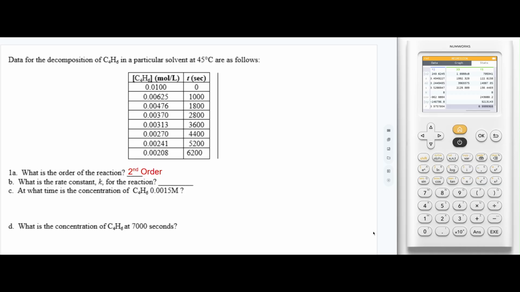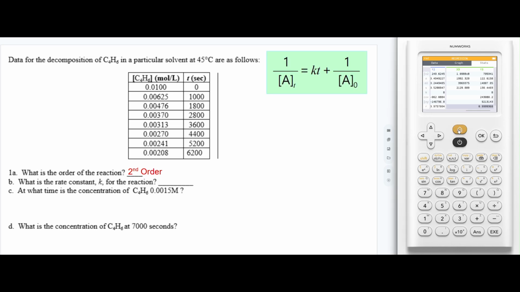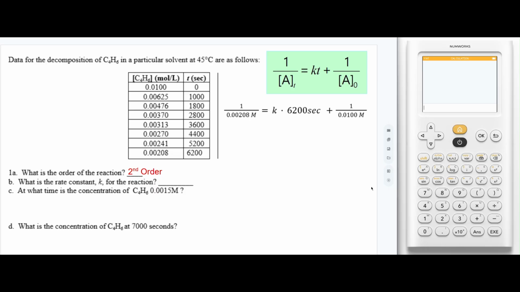So now that we figured out it's a second order, we know that we can use the following formula, and we're just going to plug in all of our values and solve for K. So I'm going to pick the final value in our reaction, 0.00208 at 6,200 seconds.